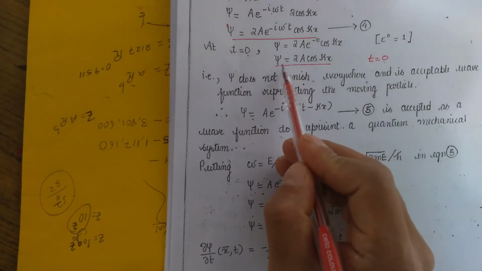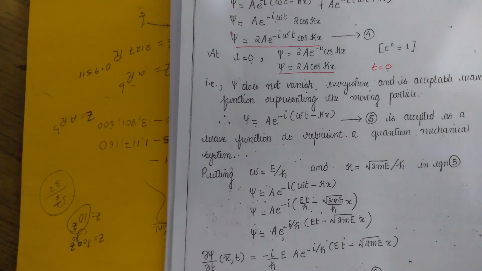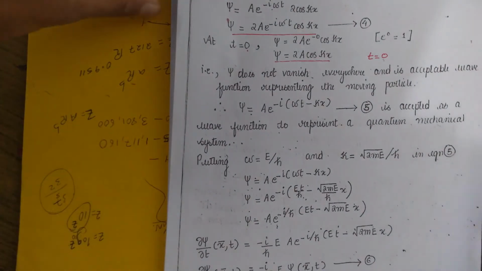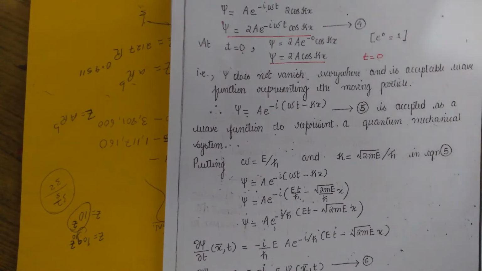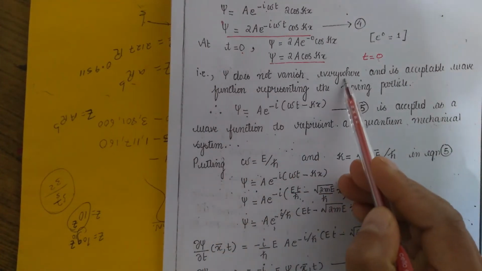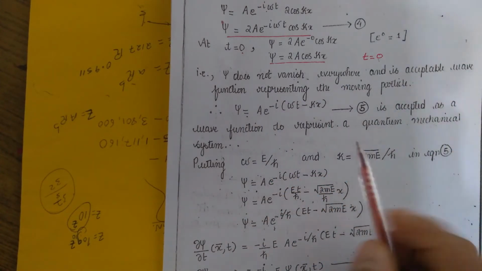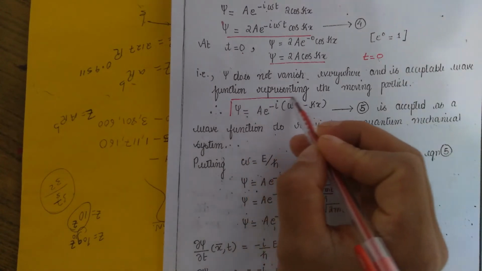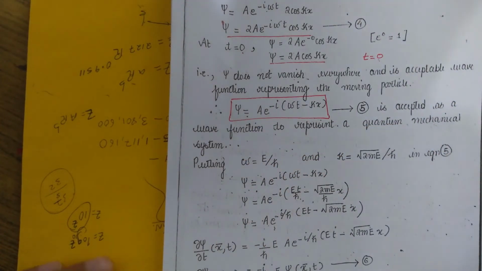So we can consider the complex wave function for representing the quantum wave equation. Since psi does not vanish everywhere and is an acceptable wave function representing the moving particle, this is the wave function that we are going to consider to represent the subatomic particle.